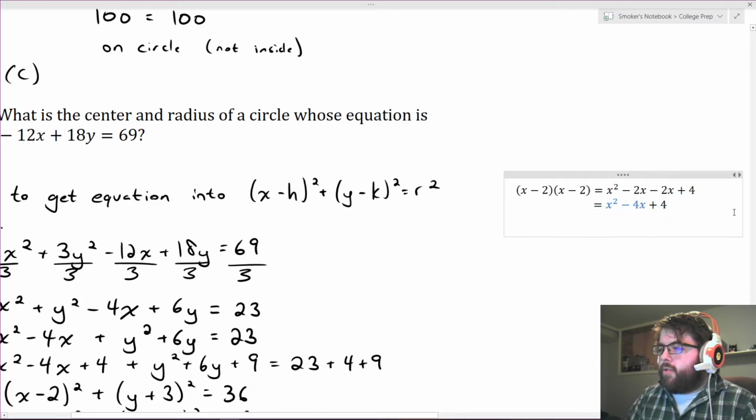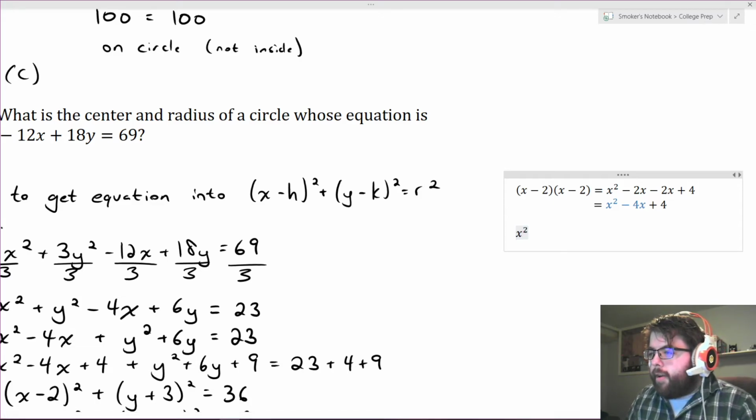So if I have x squared minus 4x, I'm going to add half of that, so 4 divided by 2, and I'm going to take whatever I get and square it.